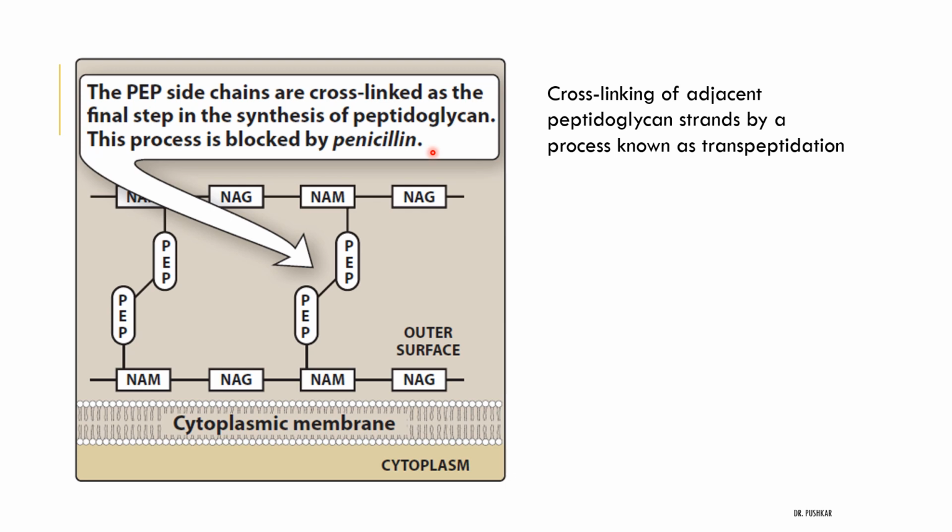Not only penicillins, all beta-lactam antibiotics inhibit this process, and because of that the peptidoglycan layer formation is inhibited, so the cell wall of those bacteria is weak. And because of that our immune system can work better on those bacteria.